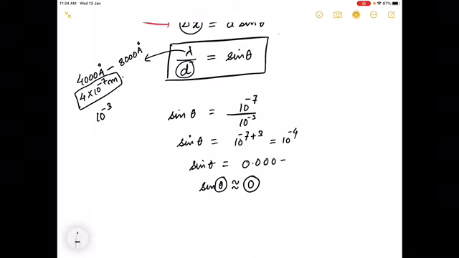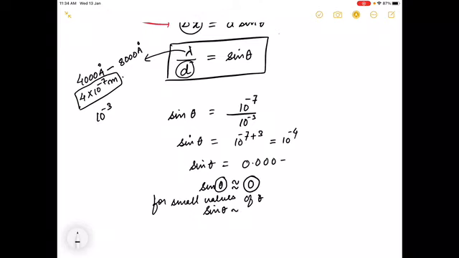For small values of theta, sin theta can be written as tan theta. Yes or no? Very important, sin theta can be written as tan theta, right.